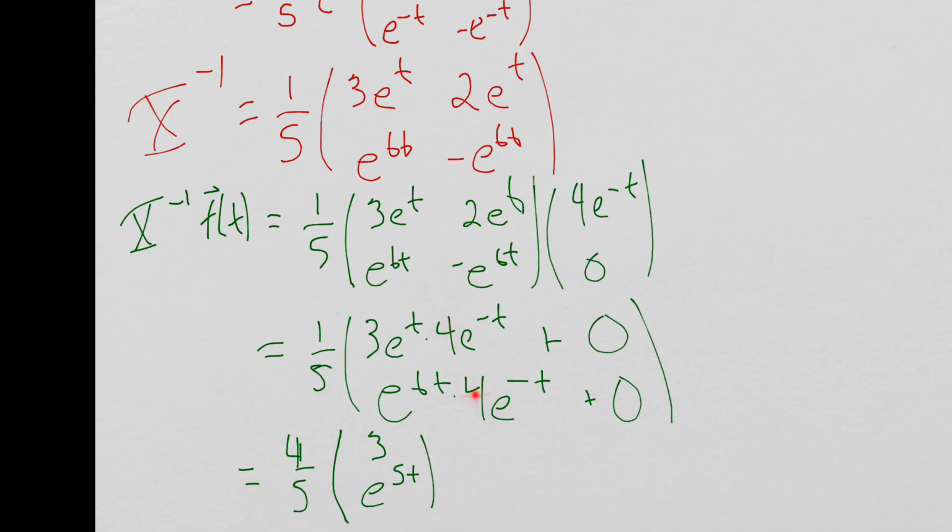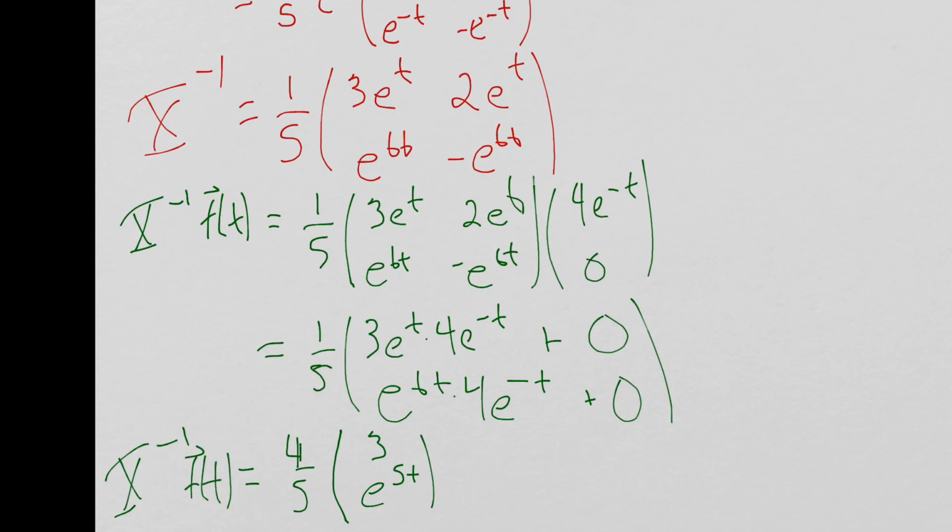I got a 4 and a 4, so I pulled the 4s out, and then I multiplied e to the t by e to the negative t. That canceled out to give me just 1, so I have the 3, and then e to the 6t times e to the negative t goes to a 5. So this is x inverse times f of t.